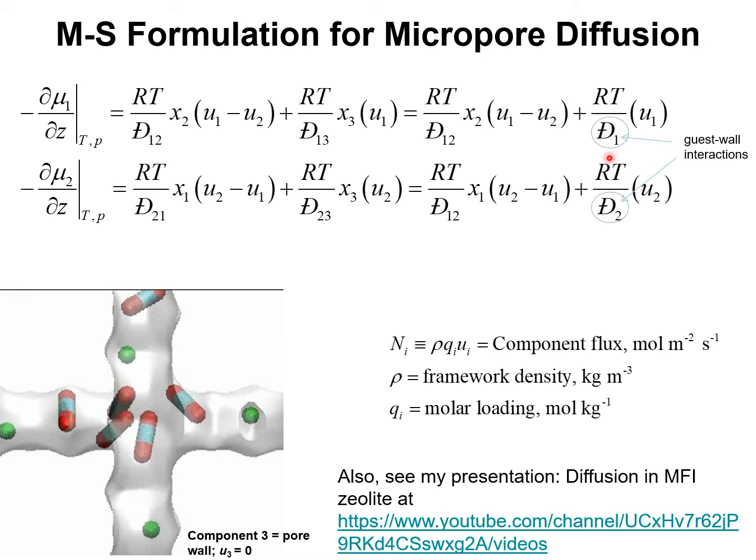D1 and D2 represent the guest-wall interactions, and we have the diffusivity D12, whose physical significance has yet to be established, and we will establish its significance in the subsequent slides.